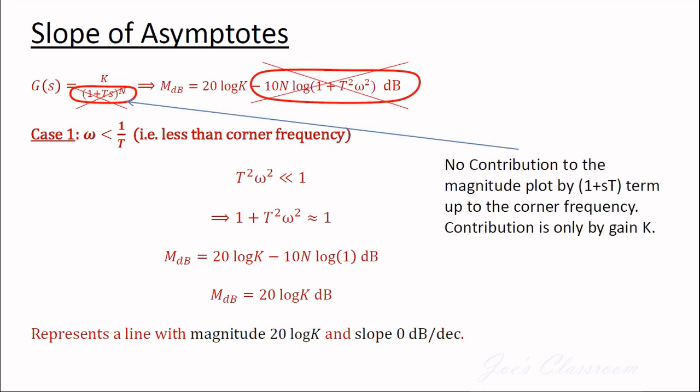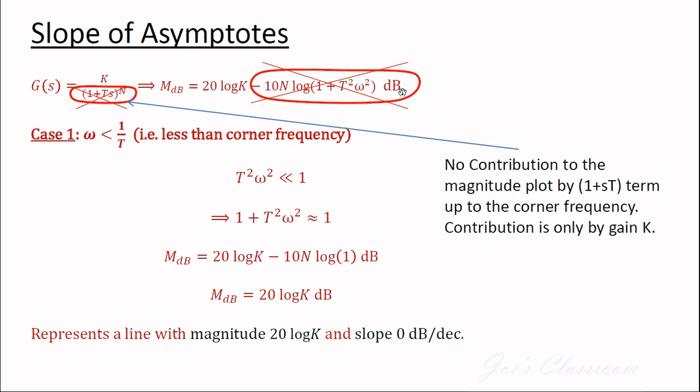It means that for frequencies lower than the corner frequency, the contribution by the denominator term is very negligible to the gain. The gain is contributed only by this K, the open loop K. That is an important point to note.